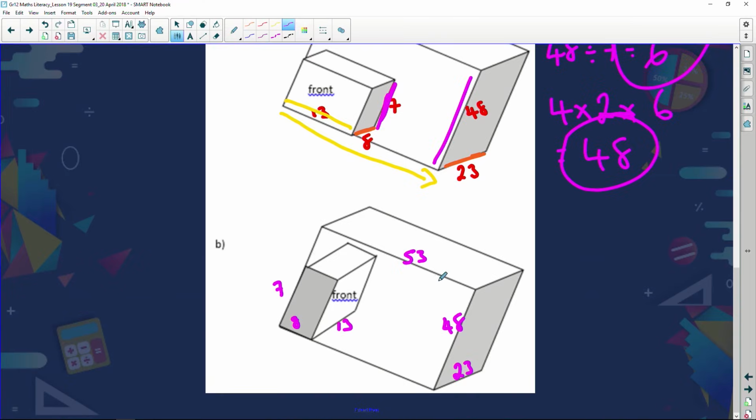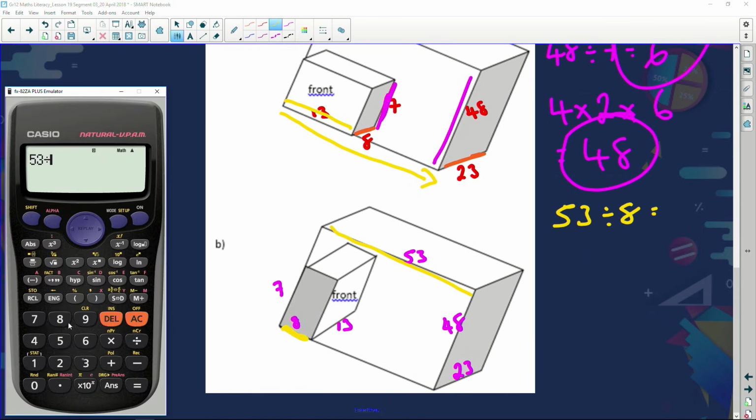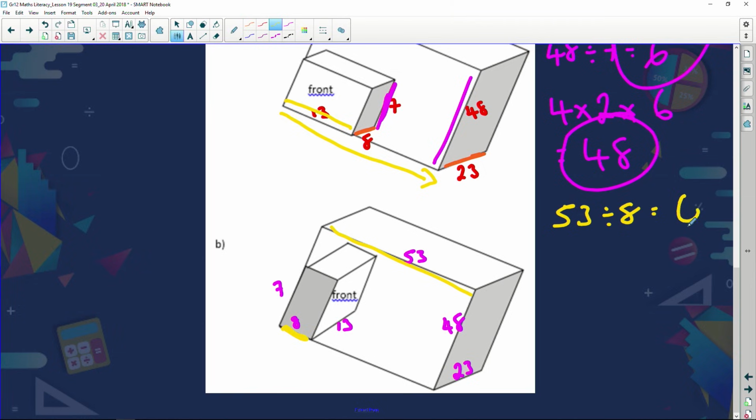Again, the same thing. I've got 53 centimeters here, and let's use different colors. So we're trying to see how many of those little ones can fit in the big one. 53, and I'm going to divide that by 8. Out comes our calculator, and we say 53 divided by 8, and I get an answer here of 6,62, which is 6 boxes.